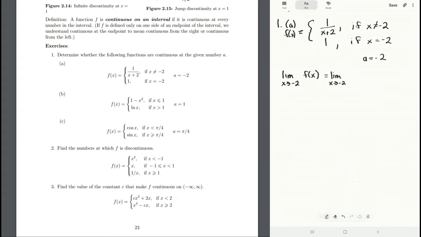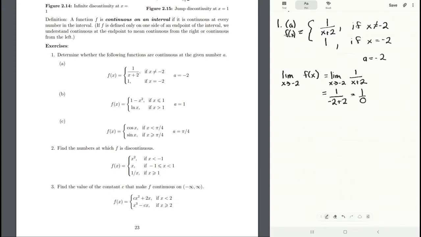So what we have is the limit of 1 over x plus 2 as x approaches negative 2. If we let x go to negative 2, we get 1 over negative 2 plus 2, which is 1 over 0, and 1 over 0 will go to a very large number.